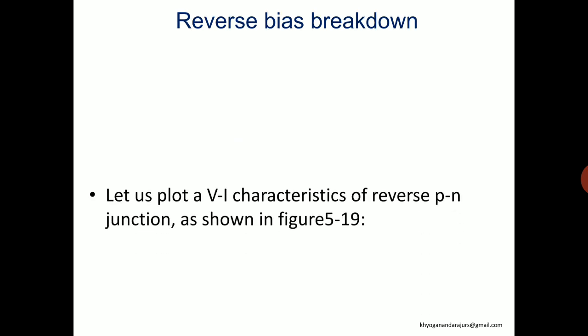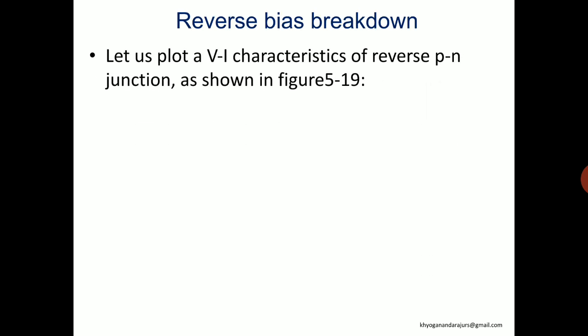Since we are familiar with the current flow and the importance of minority charge carriers in reverse bias, we'll move further to the breakdown concepts. Let us plot the VI characteristics of the reverse bias PN junction once again.